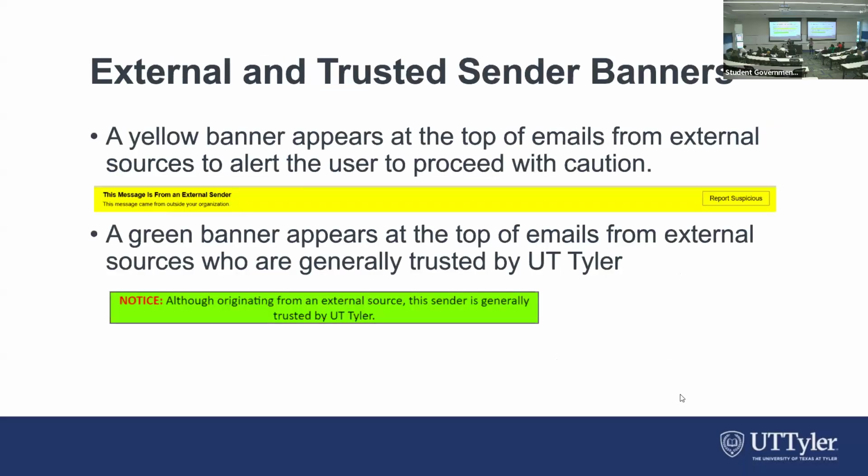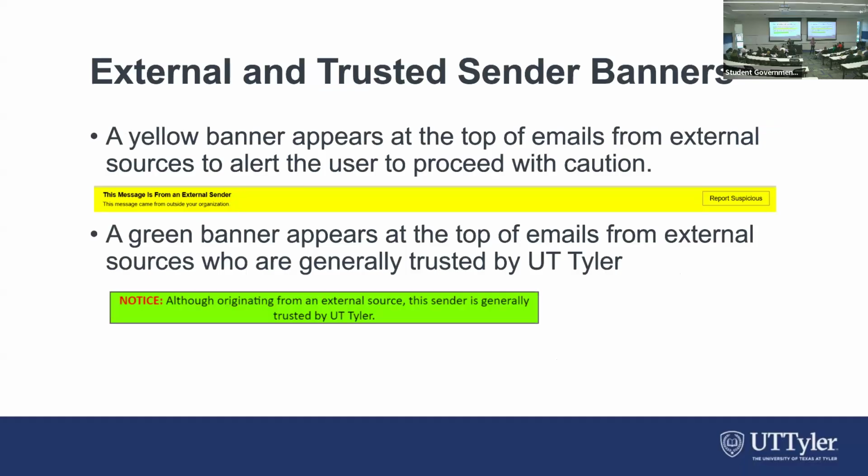Go ahead to number 3. Now, this is another thing Proofpoint offers that you'll see, and it's banners that come at the top of the email that help you to better understand what you're looking at. You're going to see a bright yellow banner if that email came from an external sender. Now, sometimes an attacker will spoof an address, so it may look like it came from your professor, or it may look like it came from one of your fellow students.